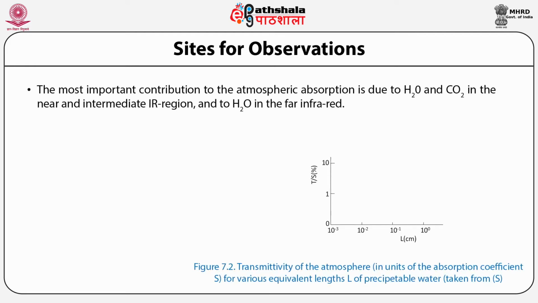The most important contribution to the atmospheric observation is due to the presence of water and carbon dioxide in the near and intermediate IR region, and to water molecules in the far infrared region.